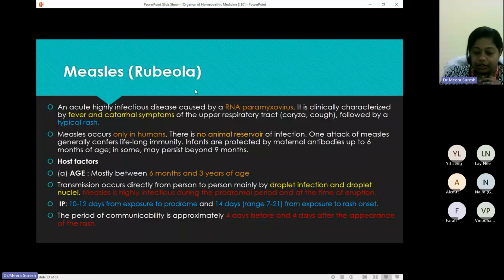If you can imagine beach sand thrown on someone's body, how it will appear, and the same size, if it is reddish in appearance, then the patient is having measles. But I should also say that nowadays I see a varied appearance, because when I was a BHMS student, I could very easily differentiate chickenpox from measles, just by the rash itself, even if I was seeing it in the initial stage.